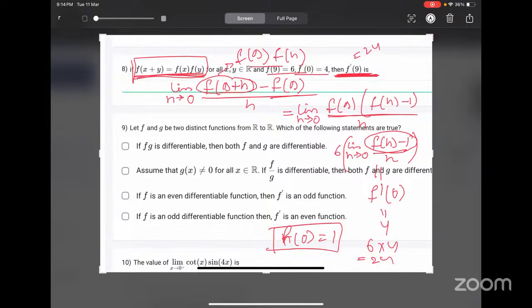Yes, ma'am, correct. Because something minus 1 is 0, so f of 0 should be 1.